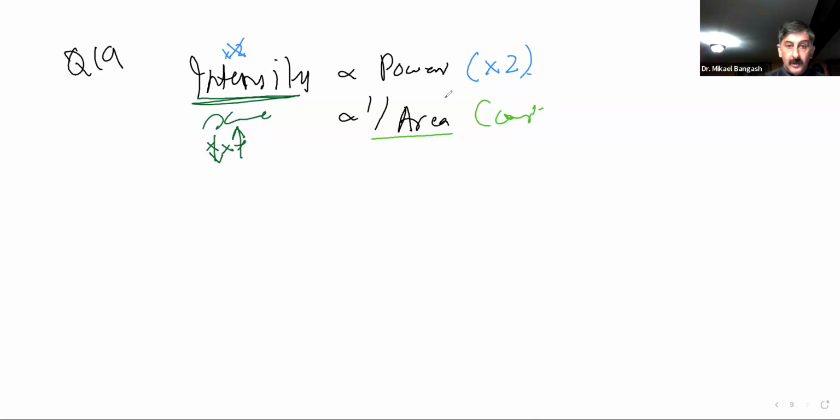So they're asking what's going to happen to the area. Although we double the power, the intensity is going to remain the same. And that will mean the area is also going to be doubled.